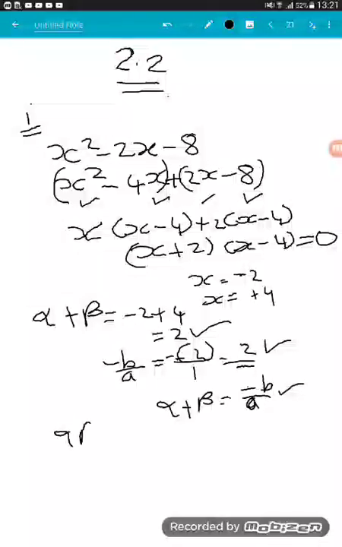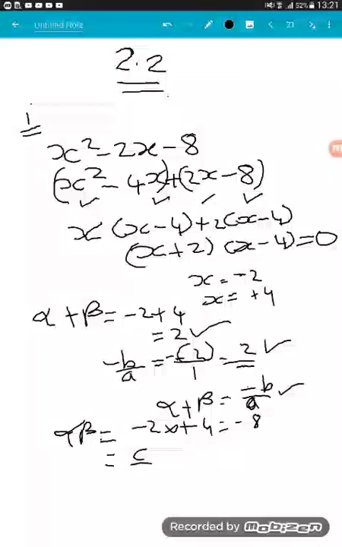Now alpha beta. Alpha into beta is nothing but c by a we know, but we cannot write c by a over here, so we will write minus 2 into plus 4, minus 8.